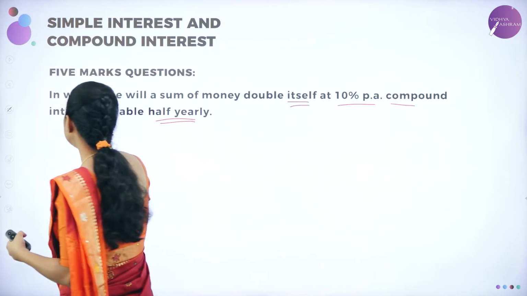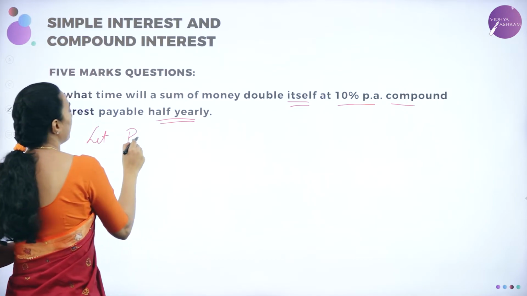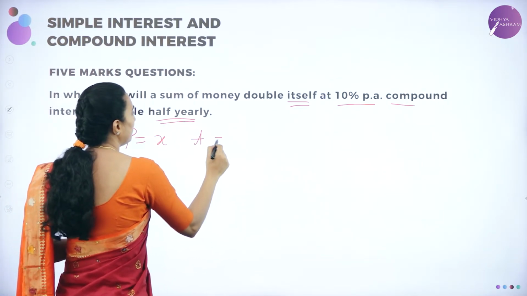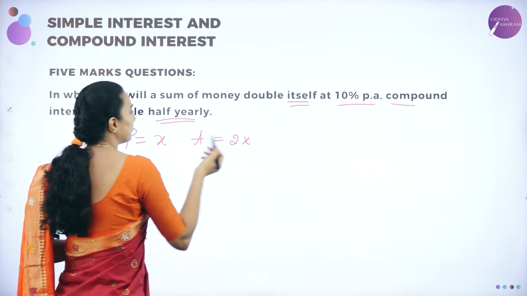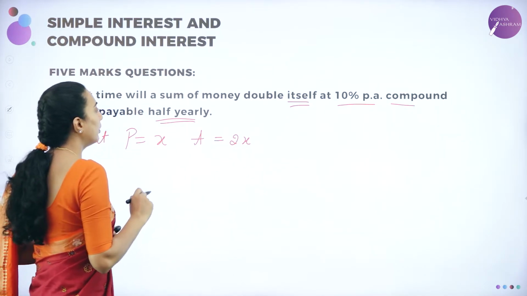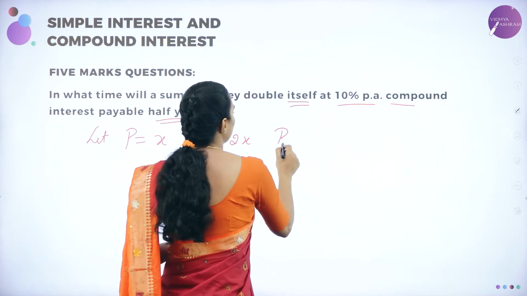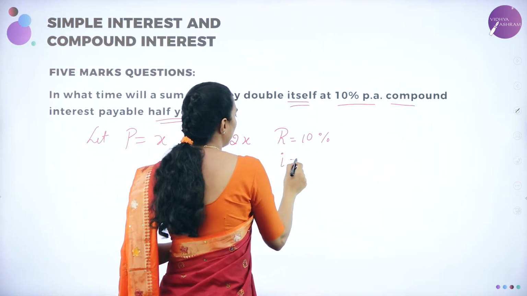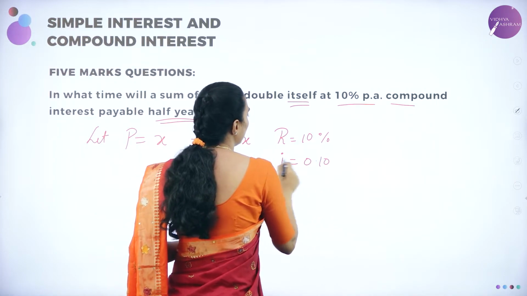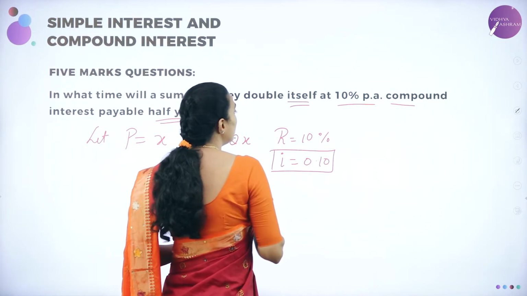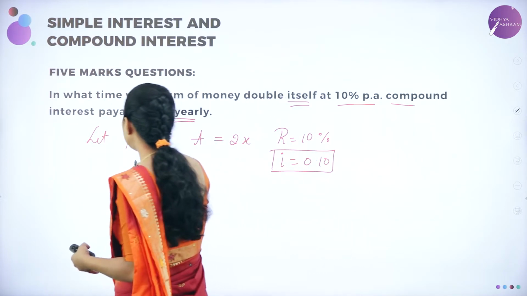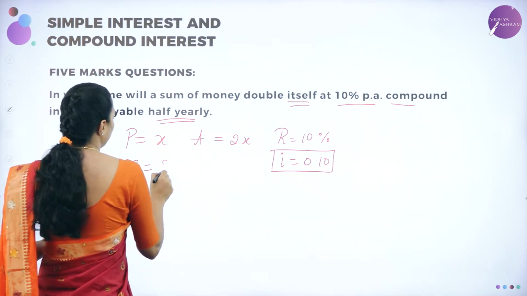So let the principal amount be X. According to the given condition, A will be equal to 2X, isn't it? Next, R is equal to 10%, so I will be equal to 0.10. And Q is equal to half yearly, which means 2.